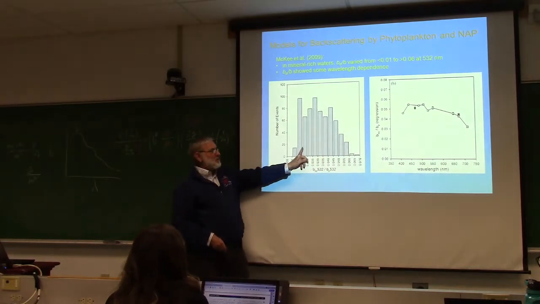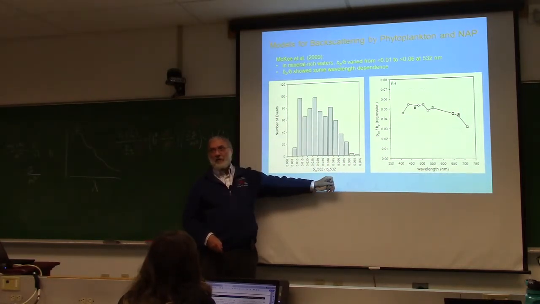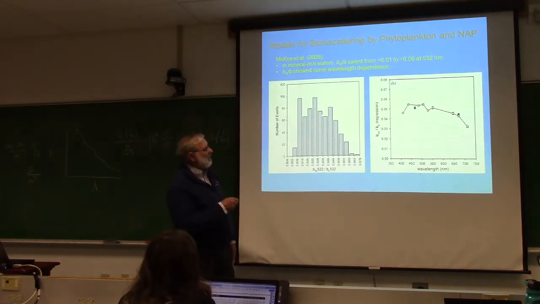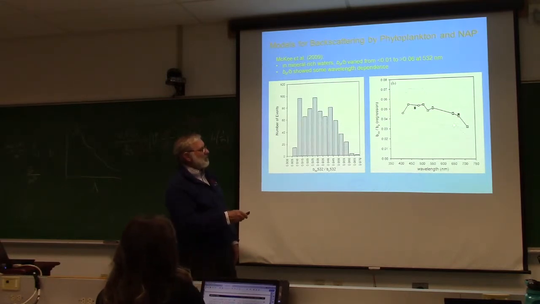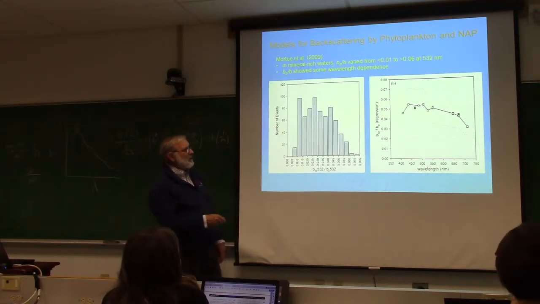So 1 to 6%, just depending on where he put his instrument in the water on which day. And then he sort of averaged all his measurements together. And yeah, there's some wavelength dependence here. And on average, this was somewhere around 5% down to 3%, depending on wavelength.